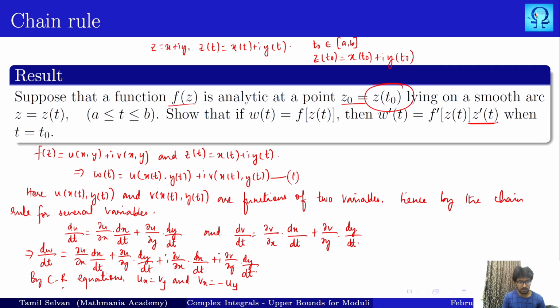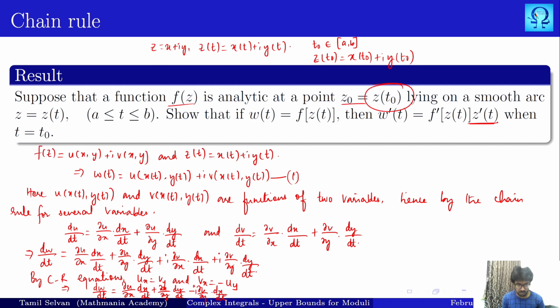So if you do this calculation, try to make everything in terms of U. So our dw upon dt becomes del u upon del x dx dt plus del u upon del y dy upon dt plus iota times of this Vx, which may be written as minus del u upon del y times dx upon dt.